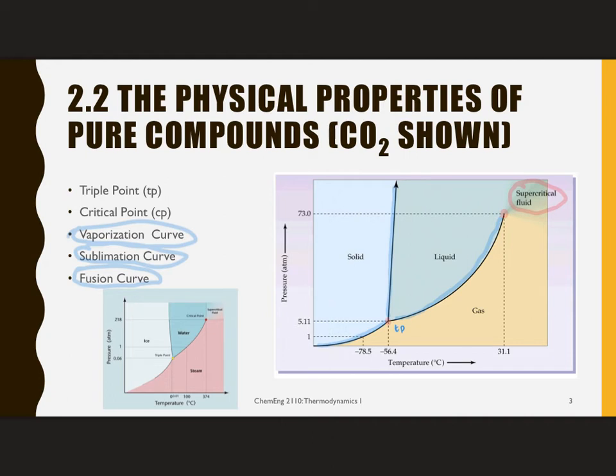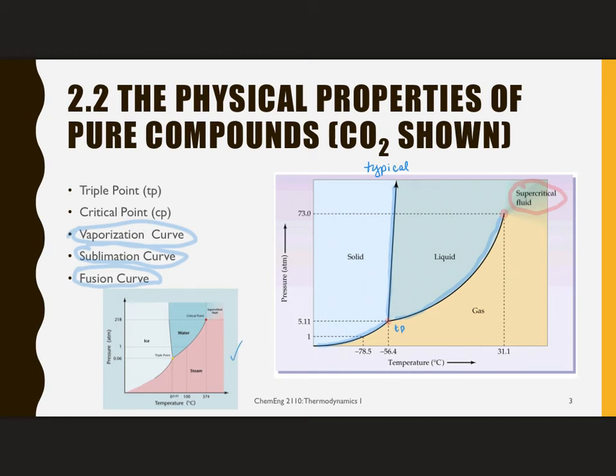Now I want to talk about the differences between these two graphs. We have a graph for CO2 and a graph for water. The CO2 graph is typical of most pure substances. There are only one or two substances, and water is the only common one, that have a graph that looks like the water one.